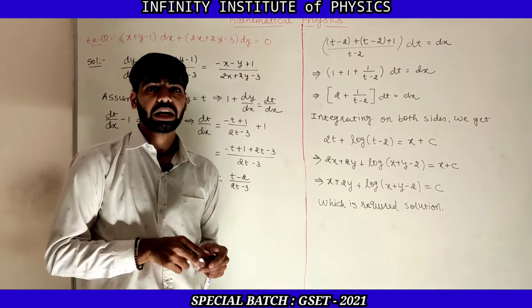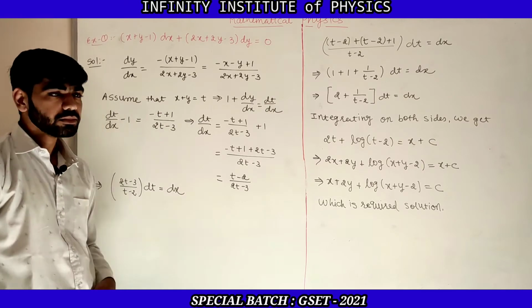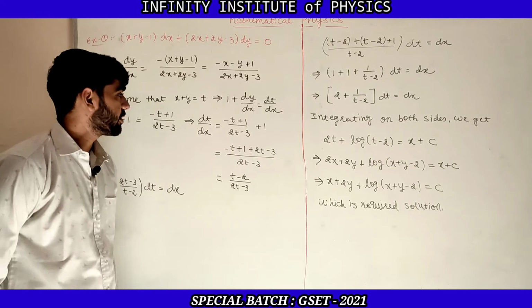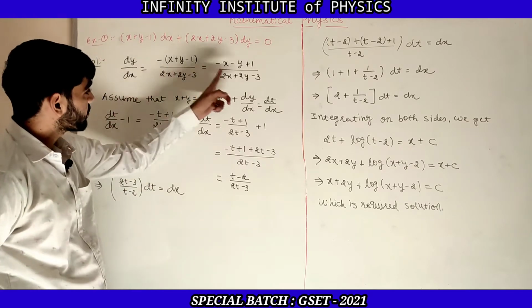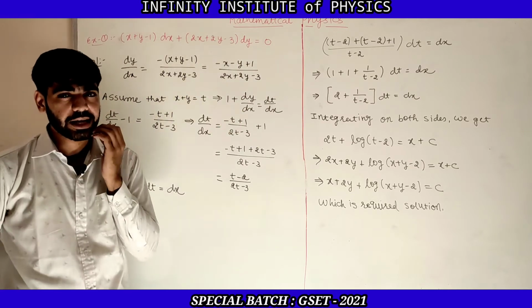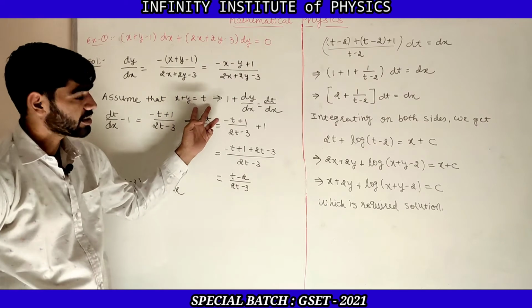So this is how we can solve this type of equation. That means the first case of non-homogeneous differential equation. So first we check whether the ratio of coefficients is the same or not. If it is the same, then we assume that x plus y is t.